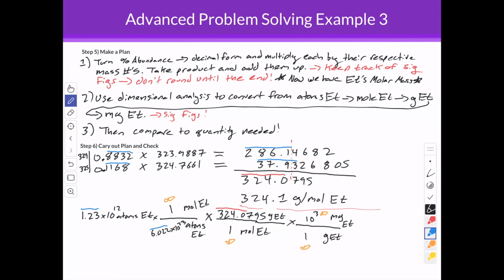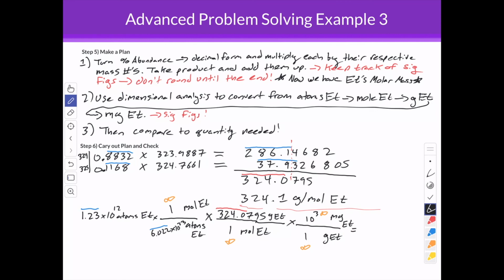Okay, so let's simplify our expression here. We're going to multiply 1.23 times 324.0795. We're going to divide that by 6.022.